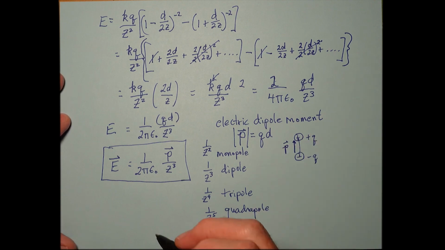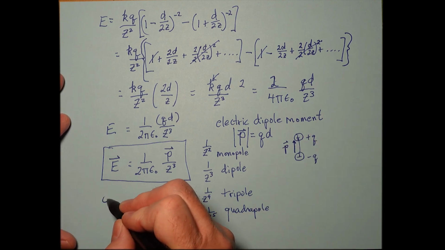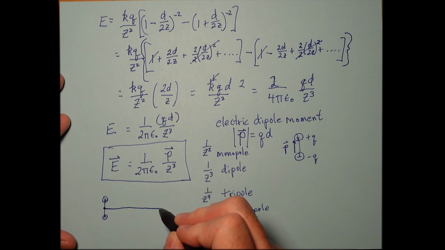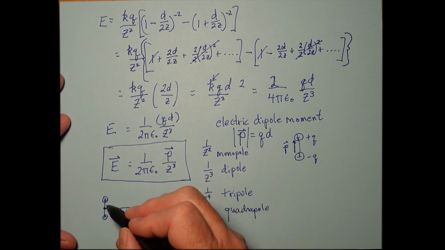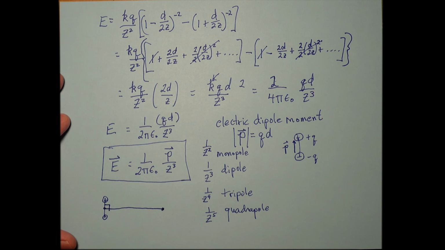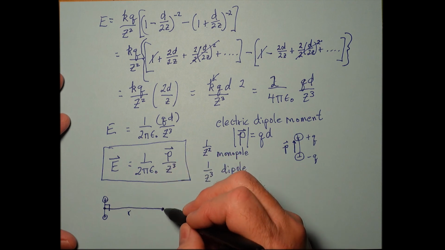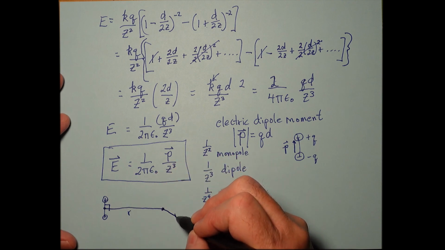Okay. Something else I want you to notice is, let's take our dipole here. There's our dipole. And let's say now that we wanted to know what is the electric field some distance r out here, where this is now a right angle. Well, the electric field due to the positive charge is going to point that direction.